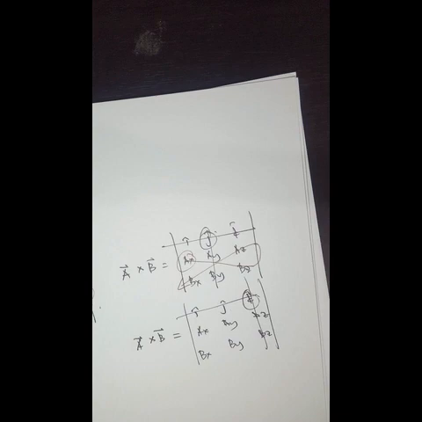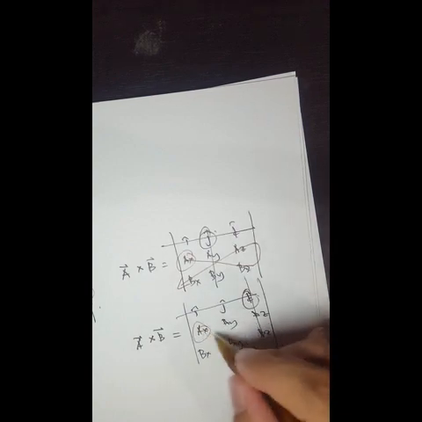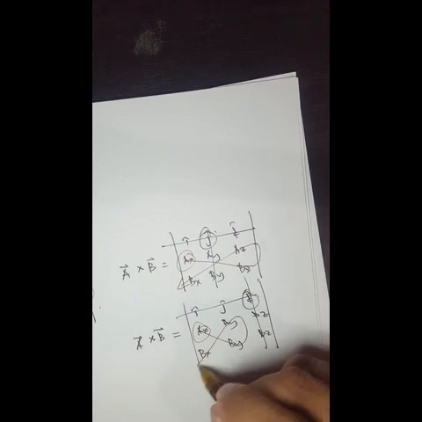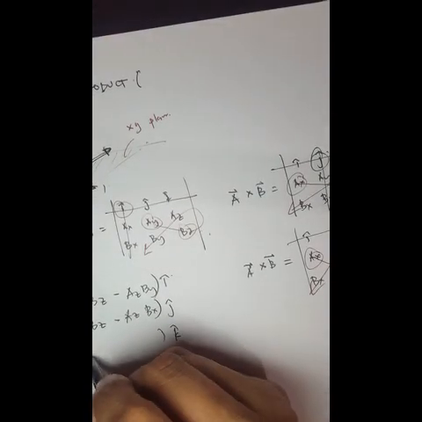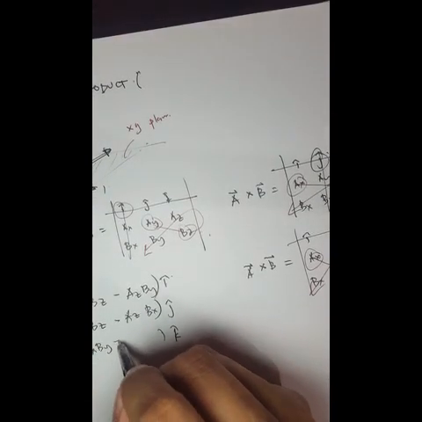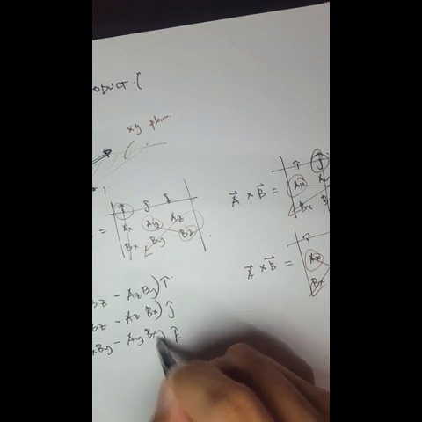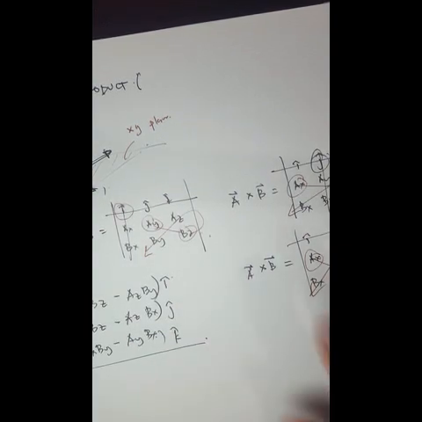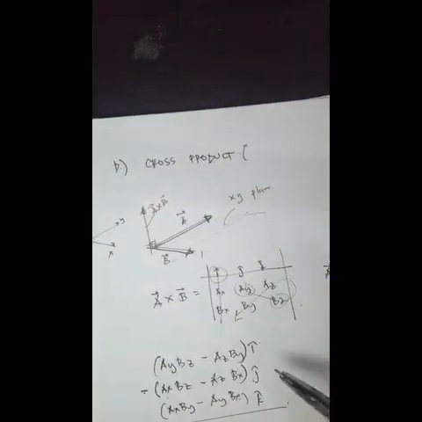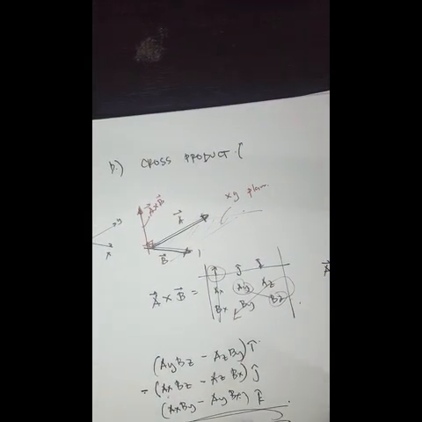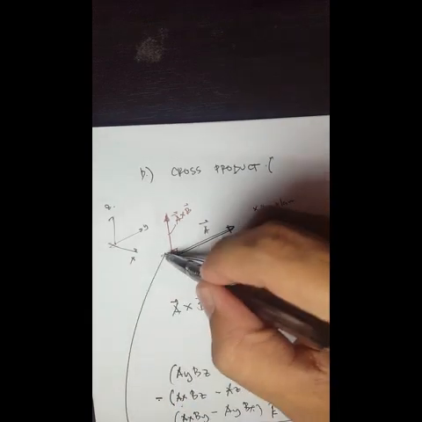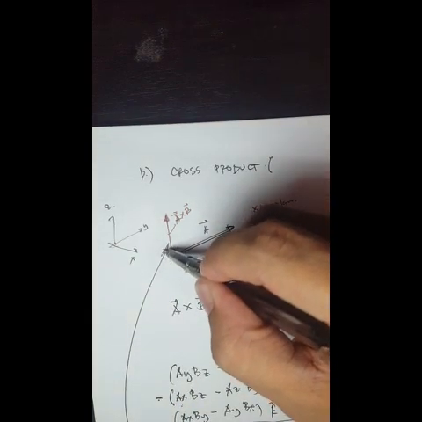Let's cross this out, and what's left is we start with ax multiplied by by, then minus ay times bx. So ax by minus ay bx. That's the k component of the vector here. If you sum this up, that's going to be the Cartesian notation for this vector.